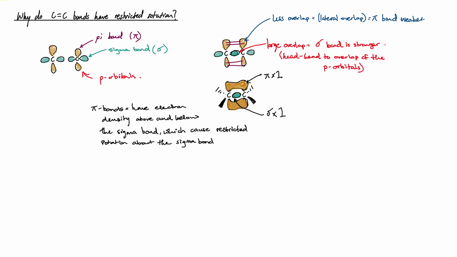So there's another thing we could add here, is that the pi bond, which is quite weak and contains lots of electron density, will attract electrophiles.